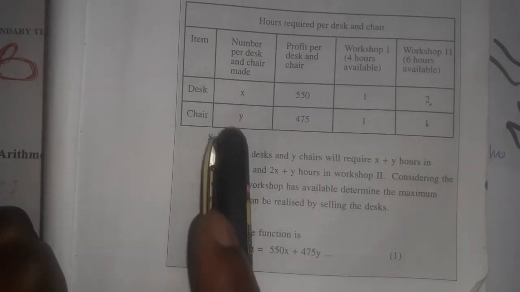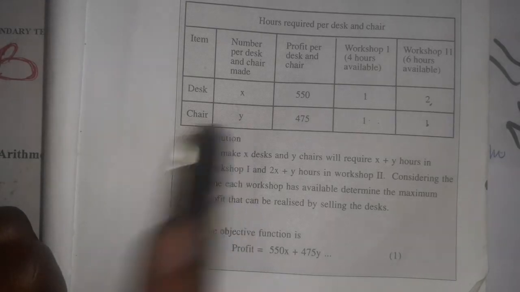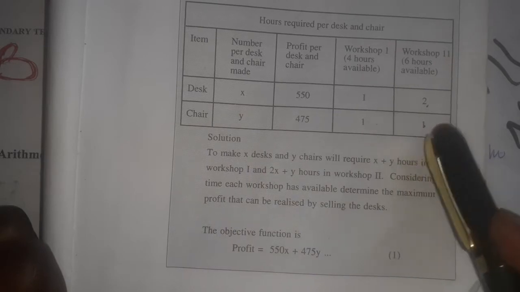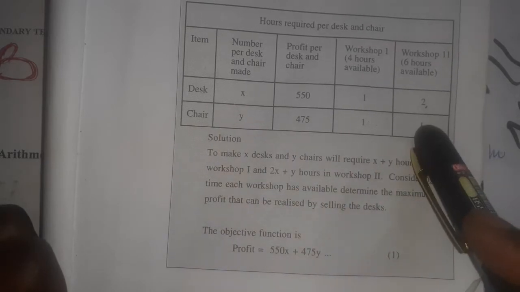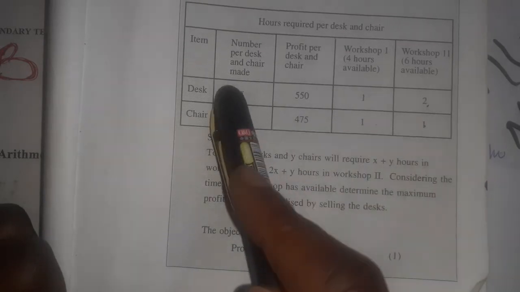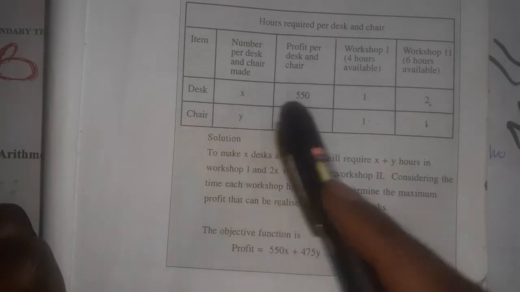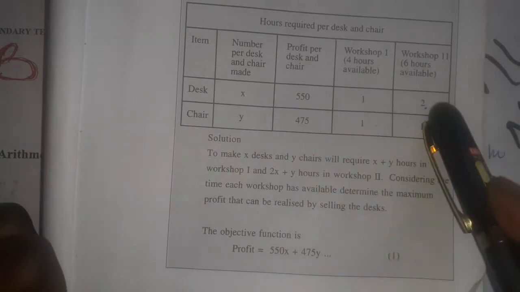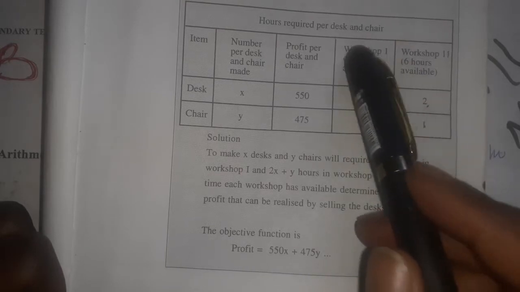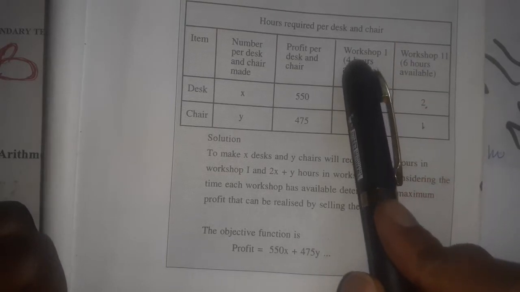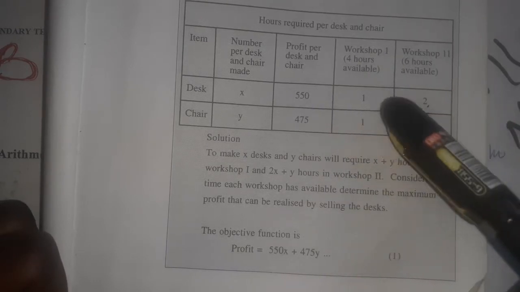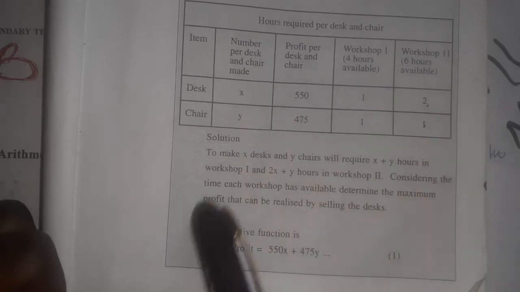Where there's Y, we're talking about the number of what? Chairs. So a chair requires 1 hour in the second workshop, and also in the first workshop it requires 1 hour. Then for the desk, it requires 1 hour in the first workshop and 2 hours in the second workshop. So how do we write the inequalities? We have to add this then and consider the total number of hours that are available. It's the same thing here. This question that was in the 2020 exam was similar to this part.